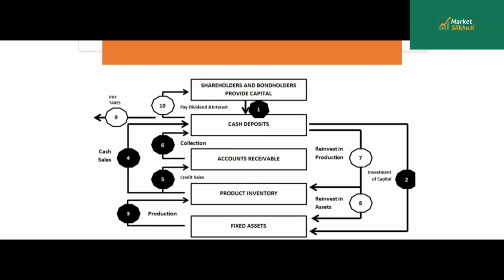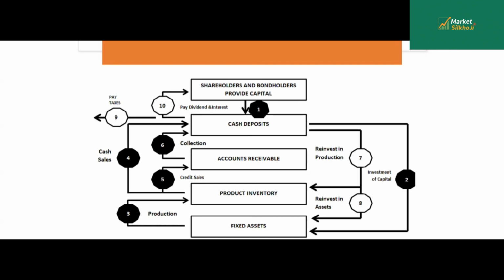Preferably we want to deploy X amount of cash, and after one cycle, we want to receive X plus cash, because we want profits also. If the company is losing money, there is no point in running the business. So the expectation is if you invest 1 rupee, you expect more than 1 rupee in return. So let's assume the company made profits also, and those profits will also be lying in the cash deposits.